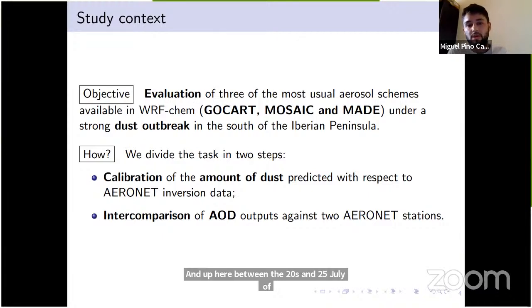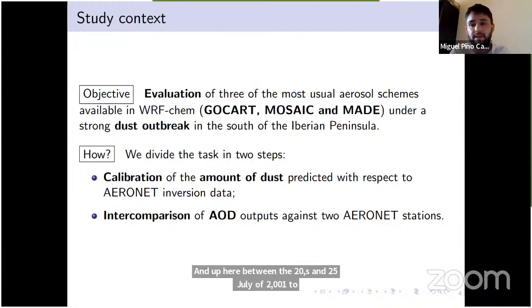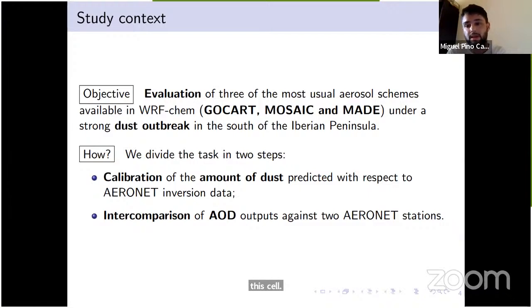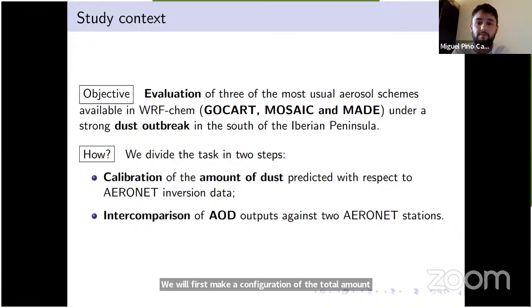To do so, we will first make a calibration of the total amount of dust predicted, and after that, we will make a comparison between the aerosol optical depth predicted and the aerosol optical depth measured. The reference data will be the AERONET inversion data for the calibration and the AERONET aerosol optical depth measures, also from AERONET, for the optical comparisons.